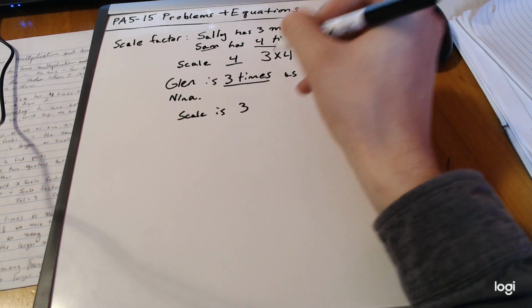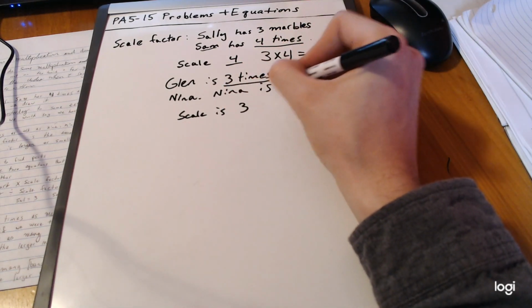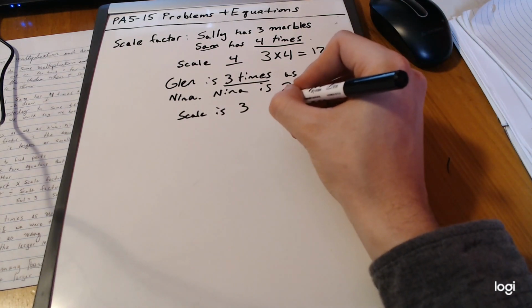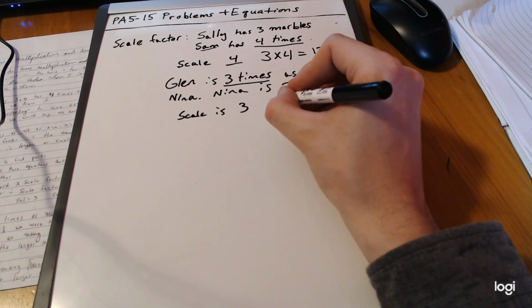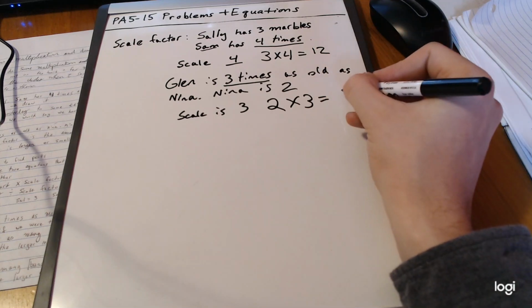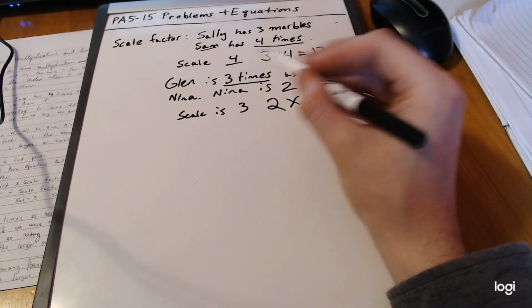In Glenn's case, if Nina is 2, we have to times Nina's age by 3. So 2 times 3 equals 6. Do you see that the scale factor is how many times bigger?